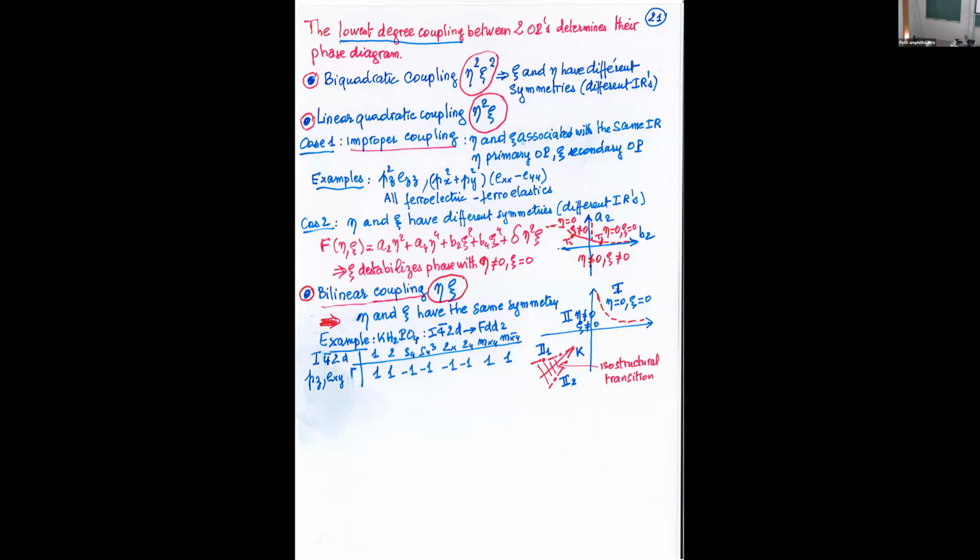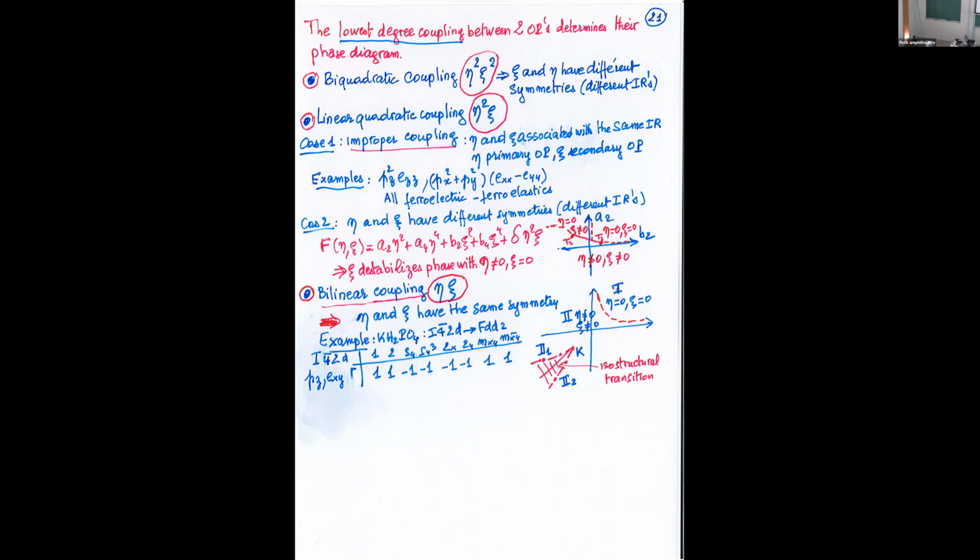By the way, you know that I only consider the lowest degree coupling. It's the only one which is important. Higher degree coupling can give you something far from the transition, but for understanding the transition mechanism, you have to take into account only the lowest degree coupling.